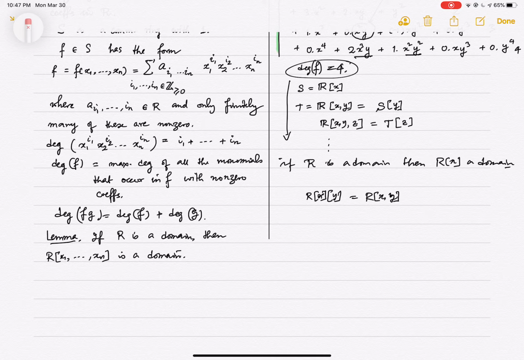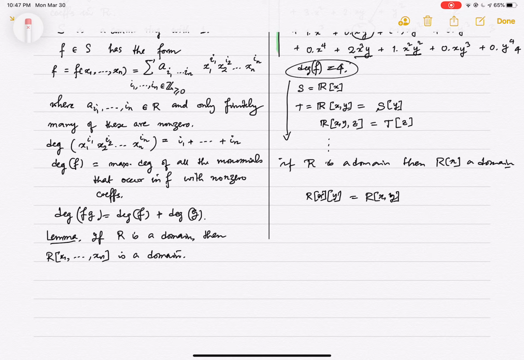The main thing that fails is you don't have such a nice division algorithm. There is a generalization of the division algorithm, but it's very nuanced and much more delicate, and not as straightforward and not as directly applicable as well. And the other thing that fails is that as soon as you go to 2 variables, these polynomial rings are no longer principal ideal domains.